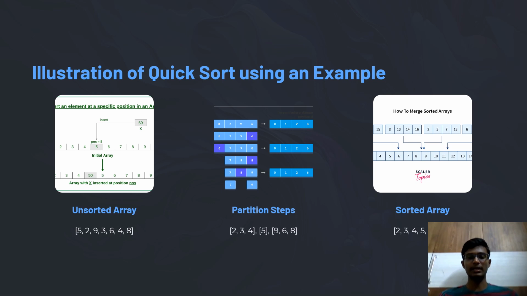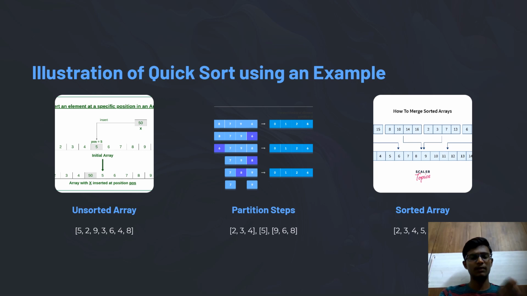In this slide, there is an example of how a quicksort algorithm works. Through this example, I am going to explain how a quicksort algorithm works. First, we have taken an unsorted array of elements 5, 2, 9, 3, 6, 4, and 8, and we have taken the pivot element as 5, which is placed at the leftmost corner of that array.